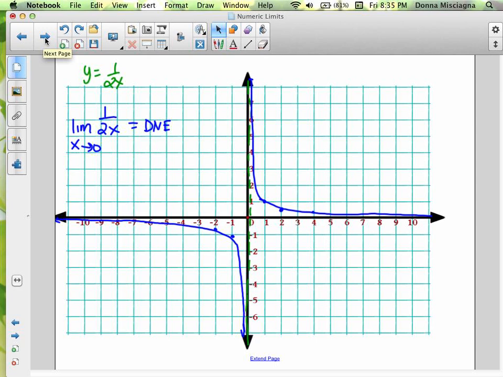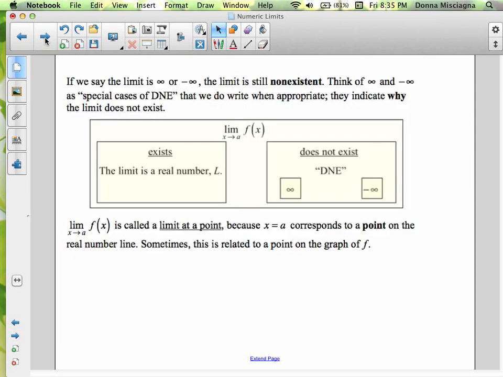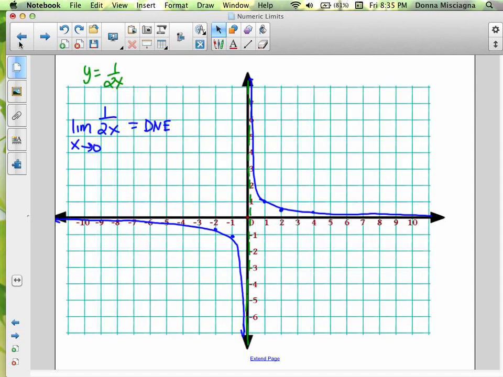So I think this is where I want to stop. Actually, this will be my last page. So if we say the limit is infinity or negative infinity, the limit is still non-existent, right? From the left-hand side, the limit of 1 divided by 2x as x approaches 0 from the left was negative infinity.